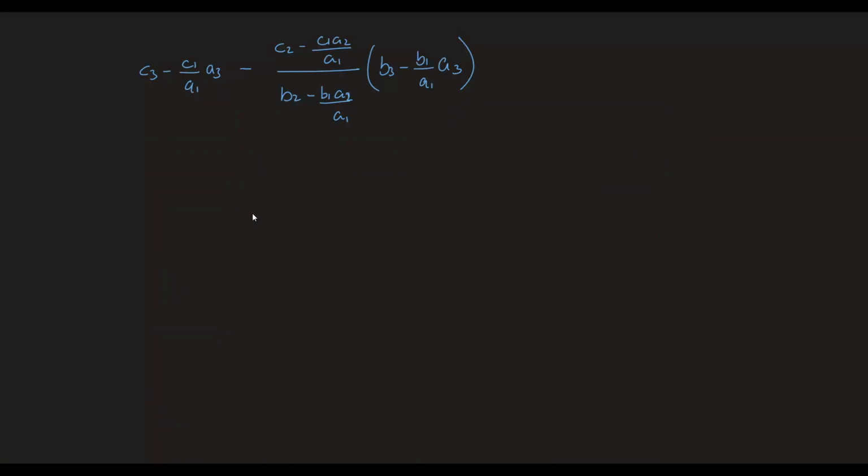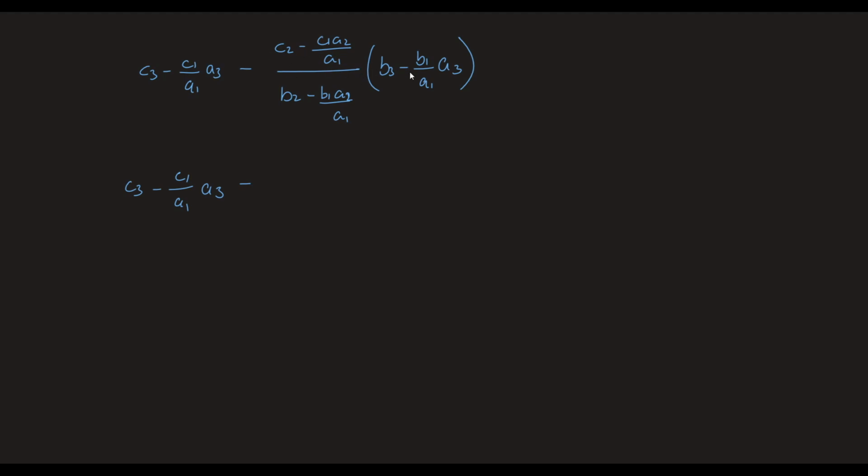So first things first, I'll rewrite this bit out. We've got C3 minus C1 over A1 times A3, and we're minusing all of this. What I'm going to do is multiply this with this and put it all on top, as if it's just two brackets.